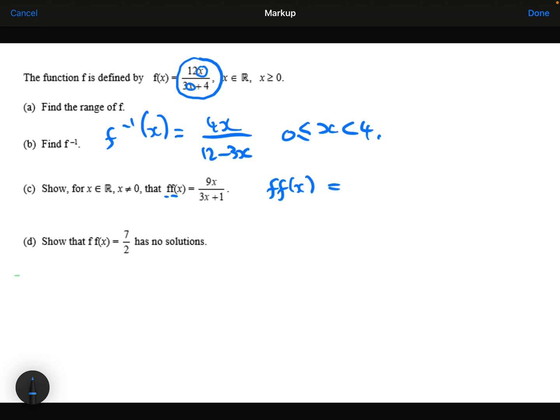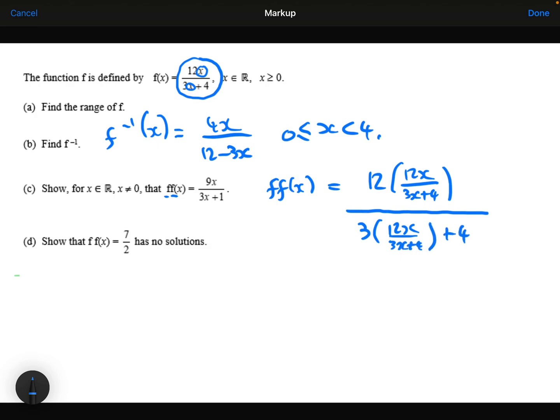So we've got 12 lots of the 12x over 3x plus 4, divided by 3 lots of the 12x over 3x plus 4, plus 4.